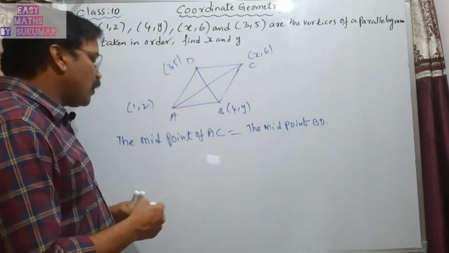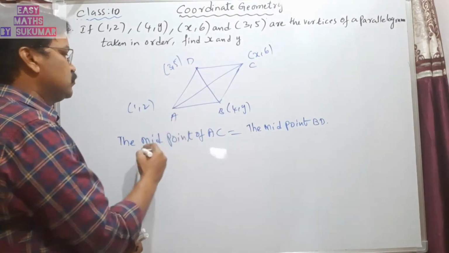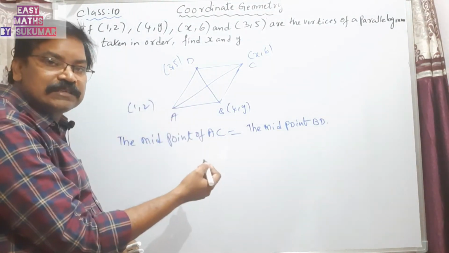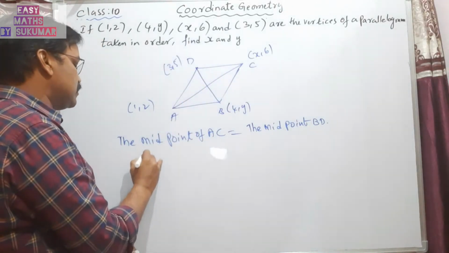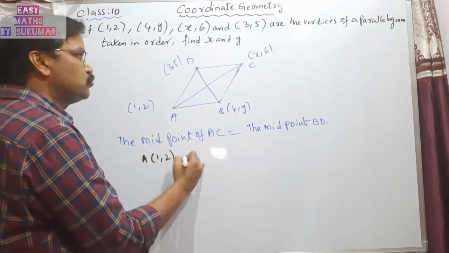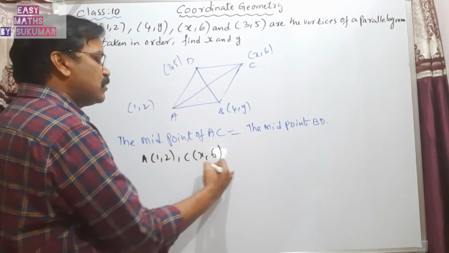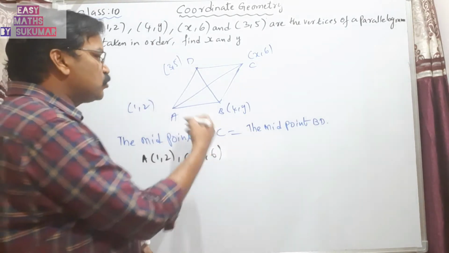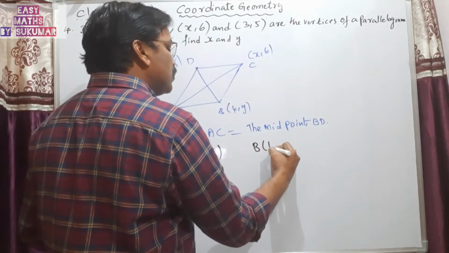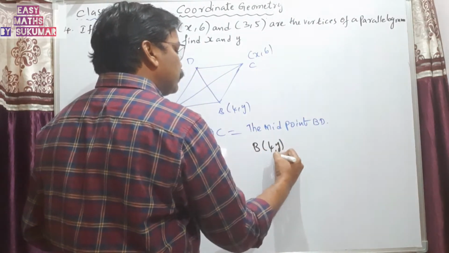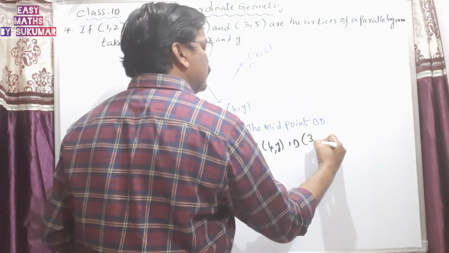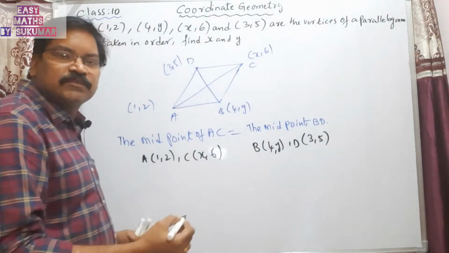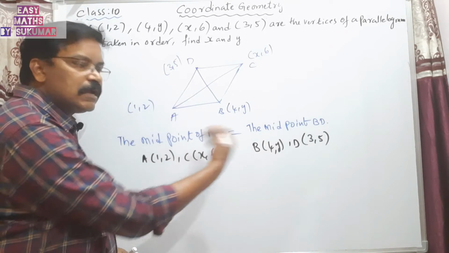What are the vertices of A and C? A is 1 comma 2 and C is x comma 6. Coming to BD, B is 4 comma y and D is 3 comma 5. Okay, let us find the midpoint of AC and BD.